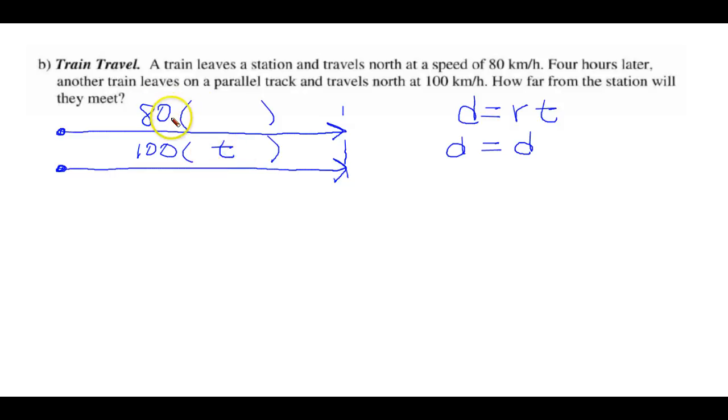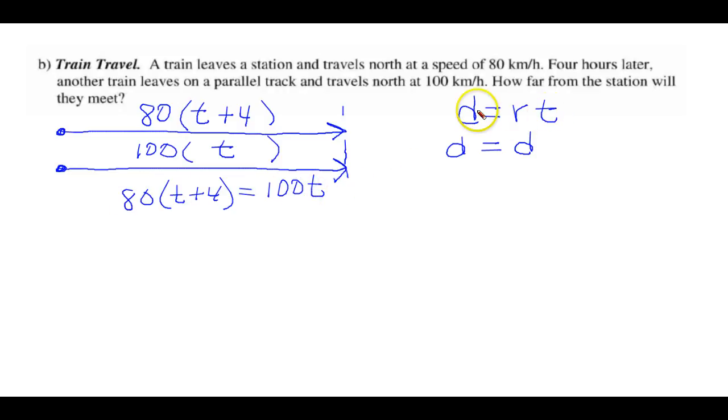Well, the slower train went this amount of time plus how many hours more? And the answer is 4. So there's our equation. 80 times t plus 4 equals 100t. Distance equals distance.